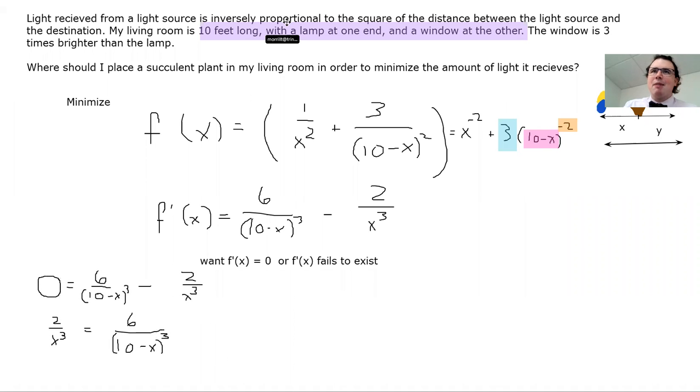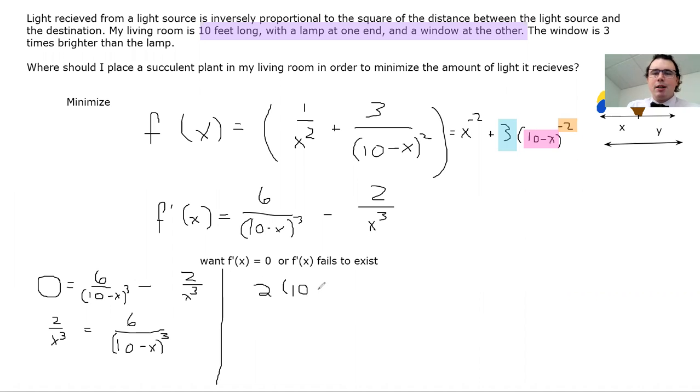So the next thing I'm going to do to simplify is cross multiply. I'm going to multiply both sides by x cubed, and I'm also going to multiply both sides by the quantity 10 minus x, all cubed. That way I get these nice polynomials instead.